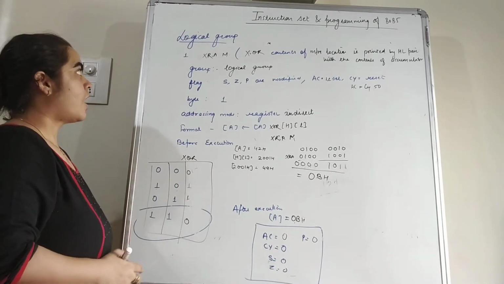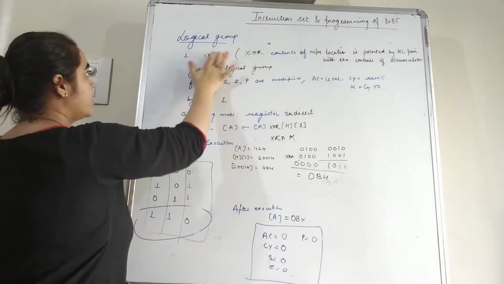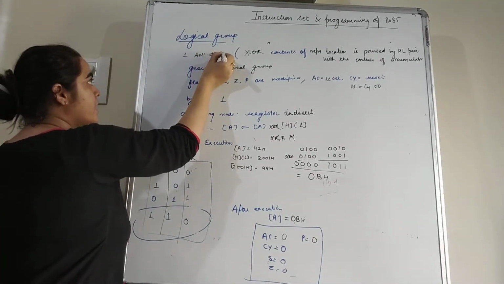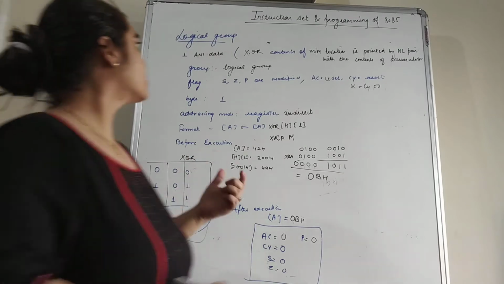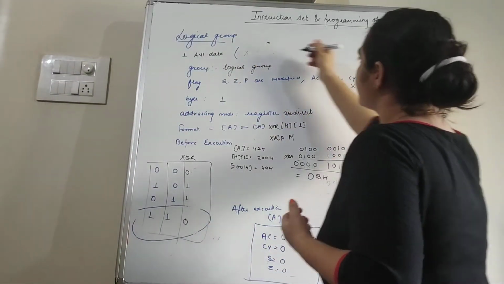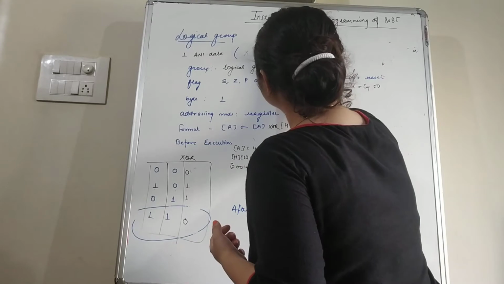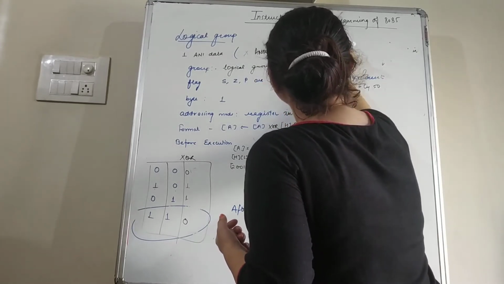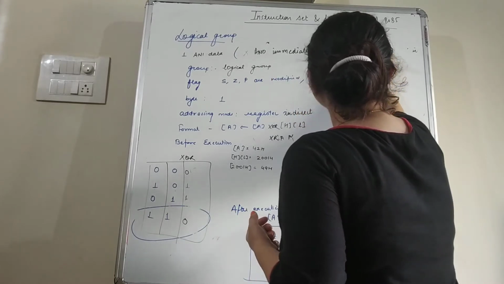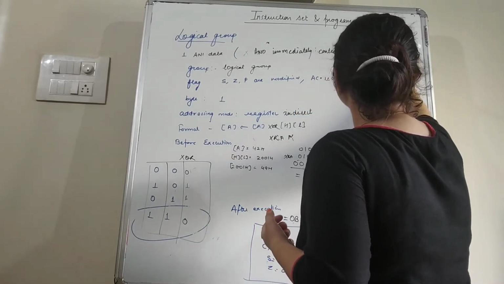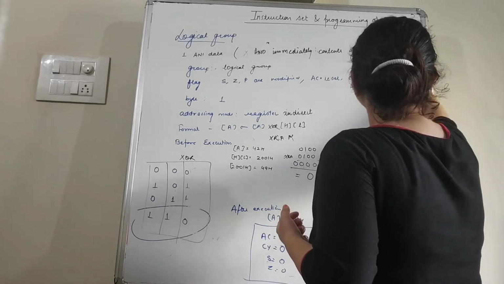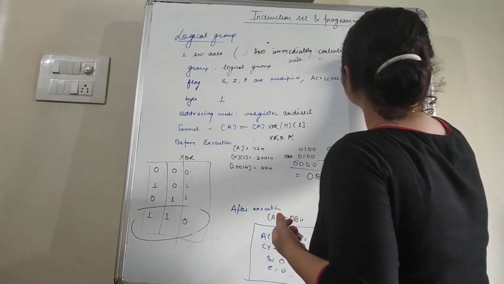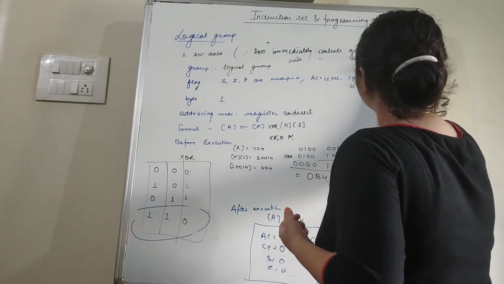Now students, after this the next instruction we have is ANI data. So ANI data means AND immediately the contents given in the instruction with the contents in the accumulator.